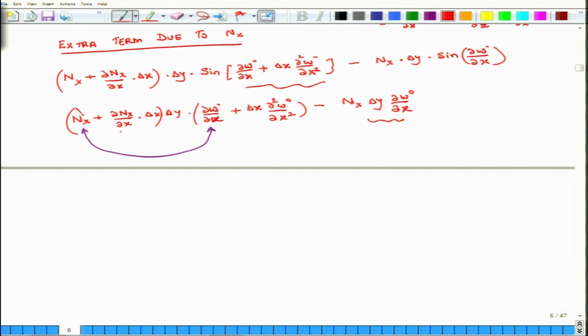The first term is, if I multiply del nx over del x, what I get is del nx over del x times delta x delta y times del w over del x, this is 1, plus nx times delta x square delta y.